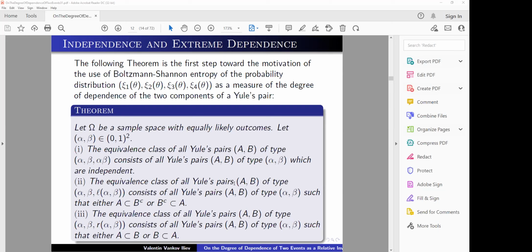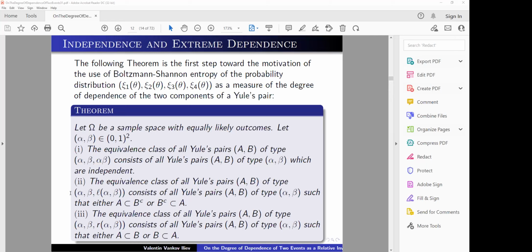Now, the equivalence class of pairs A, B of type alpha, beta, L_alpha_beta, where this is the left-hand point of the interval, consists of all pairs of type alpha, beta such that either A is a subset of the complement of B, or the complement of B is a subset of A. So this is the maximal negative dependence. We can call this maximal negative dependence.